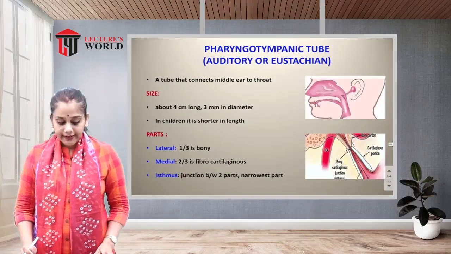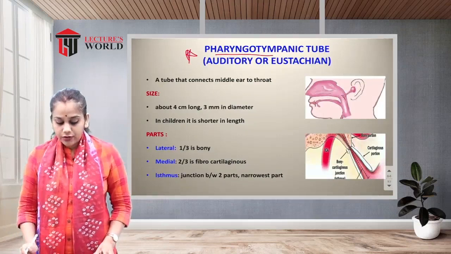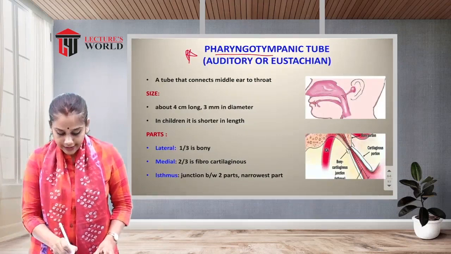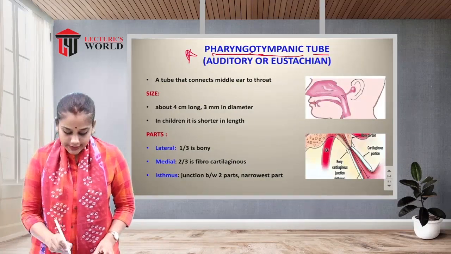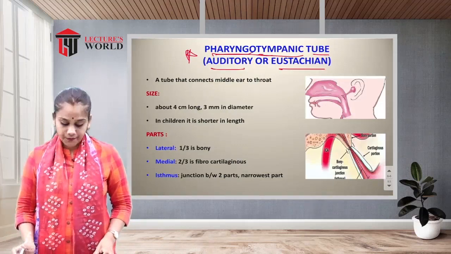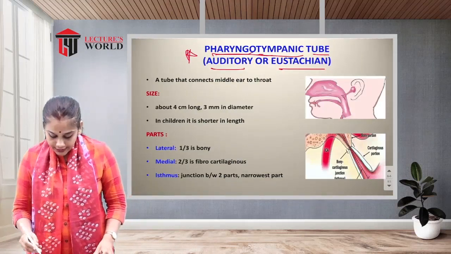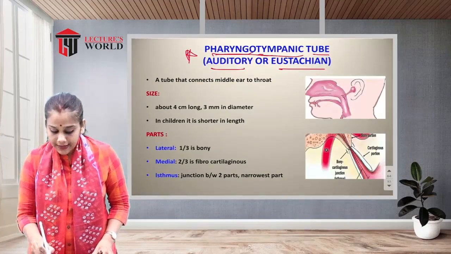Now the next part, that is the pharyngotympanic tube. It is also known as the auditory tube as well as the eustachian tube. You can see in the figure, it is a portion of the middle ear.